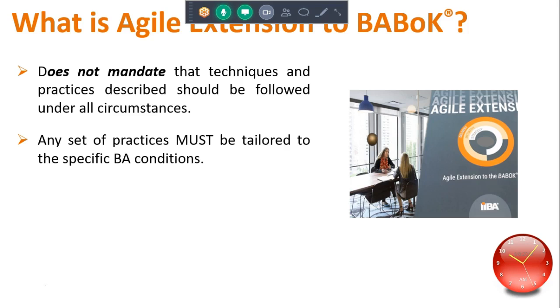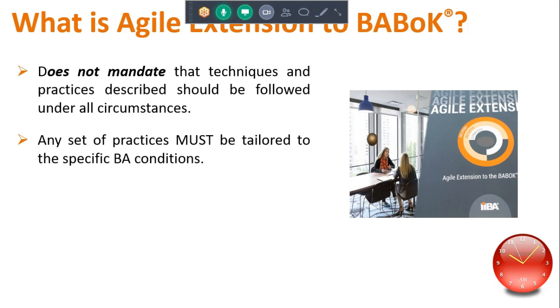And focusing again on the adaptability of these things, the likelihood that you're going to be able to use any of the BA techniques as it comes out of the box is, I would say, relatively small. You can start from there, but almost anything that you do is going to have to be tailored to your specific circumstance.